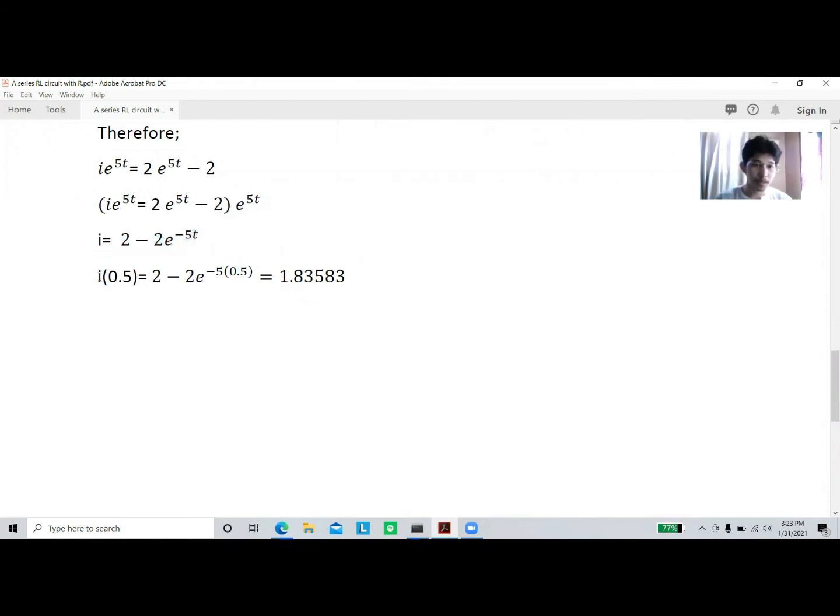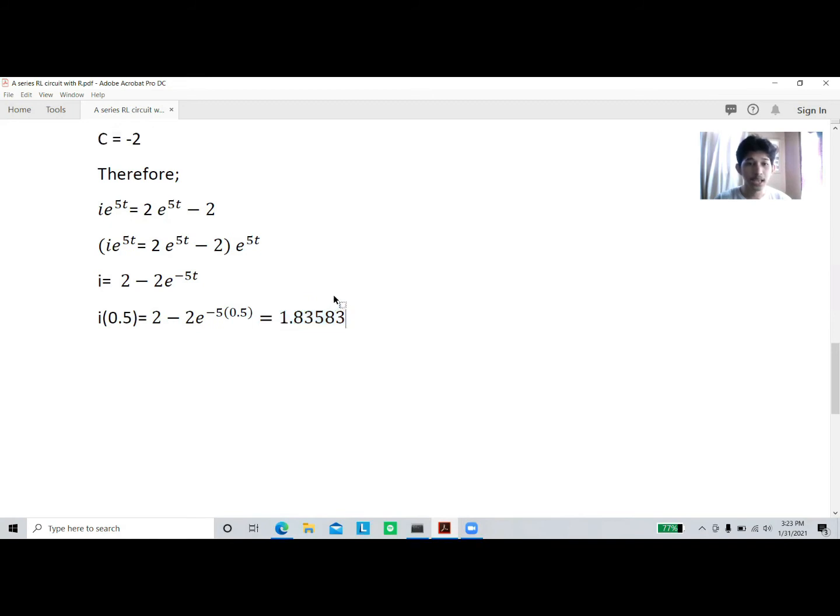So I of 0.5 is equal to 2 minus 2e raised to negative 5 times 0.5. The current at t equal to 0.5 is 1.83583 amperes. So that's it for the manual calculation.